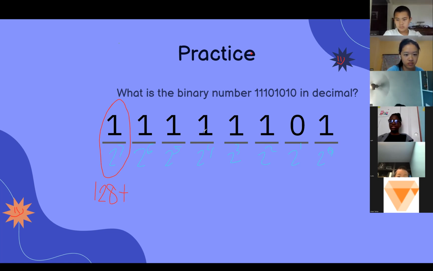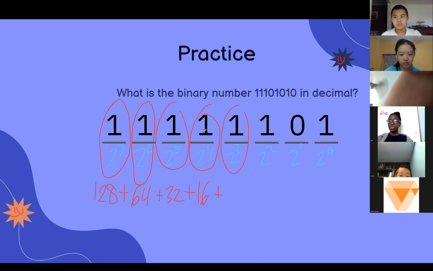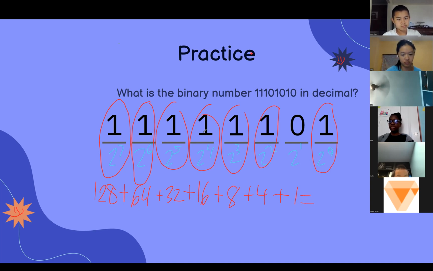And then 1 times 2 to the 6th, which is 64. 1 times 2 to the 5th, which is 32. 1 times 2 to the 4th, which is 16. 1 times 2 to the 3rd, which is 8. 1 times 2 to the 2nd, which is 4. And since there's a 0 in 2 to the 1st, you skip it and do 1 times 2 to the 0th, which is 1. You add it all together and you get 253.